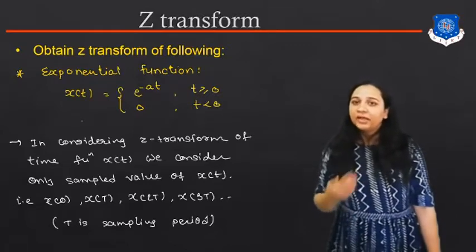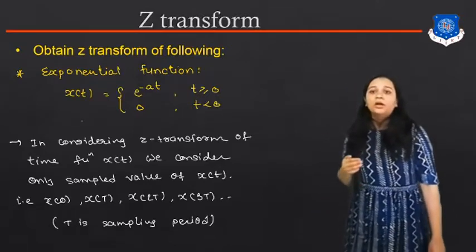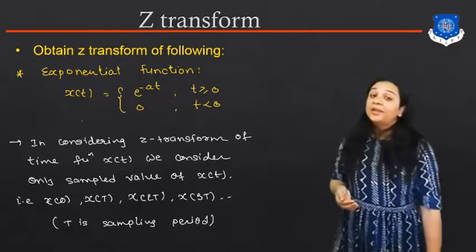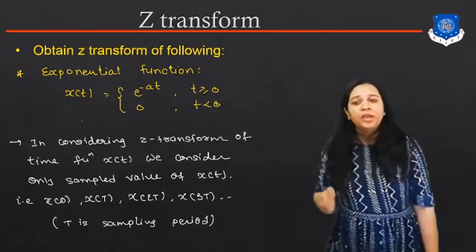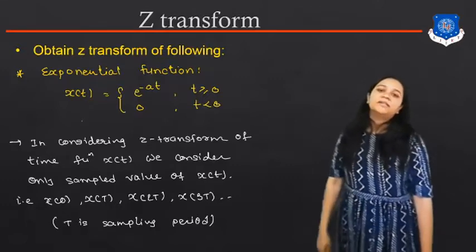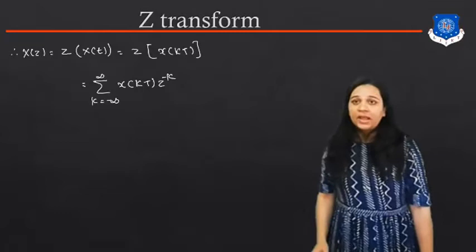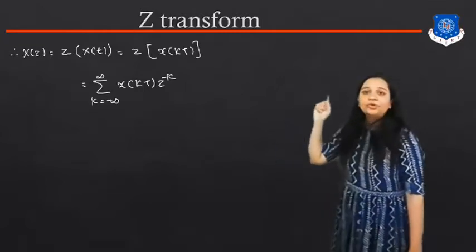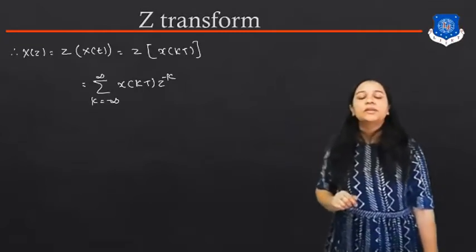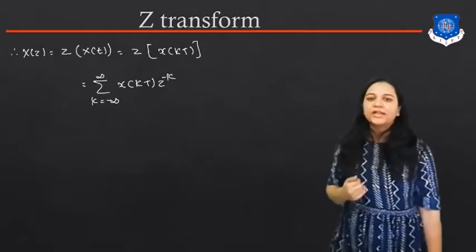So whenever we deal with the z transform of the time function, at that time we only consider the sampled values. Okay, so for the exponential function, x of z is equal to, as you know, z of x of t that is equal to z of x of kT.